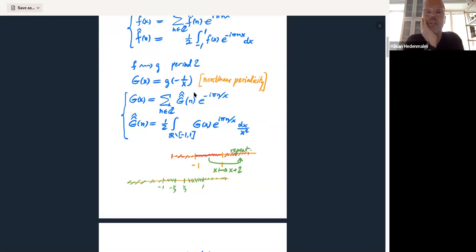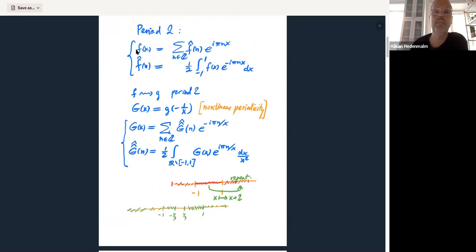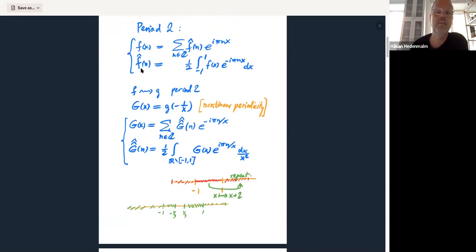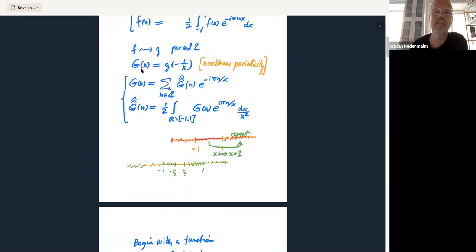So capital G has some kind of periodicity too, but another kind of non-standard periodicity. And then we realize that the previous relationships which occur for F, they of course occur for little g also. And then this transfers to the capital G function as well.